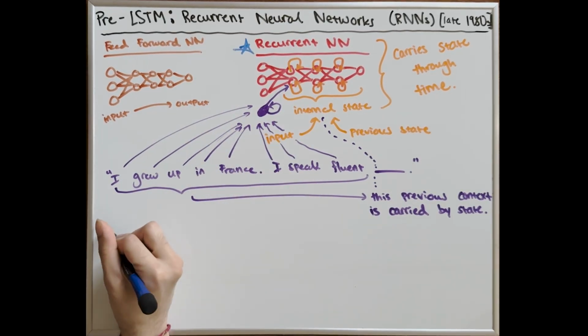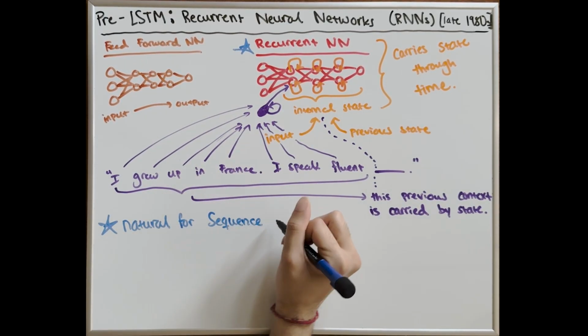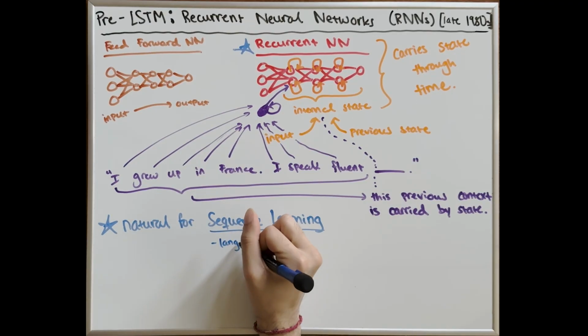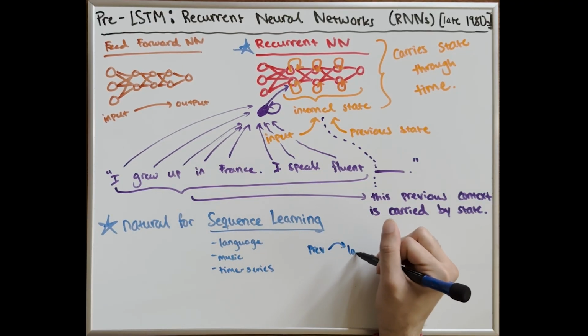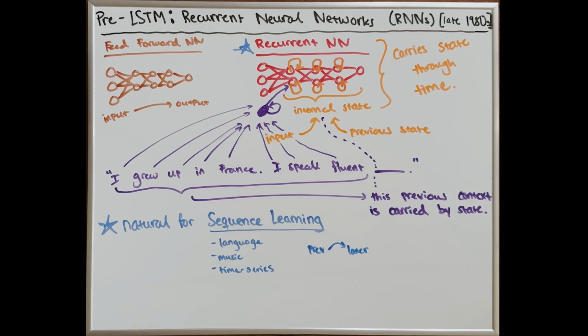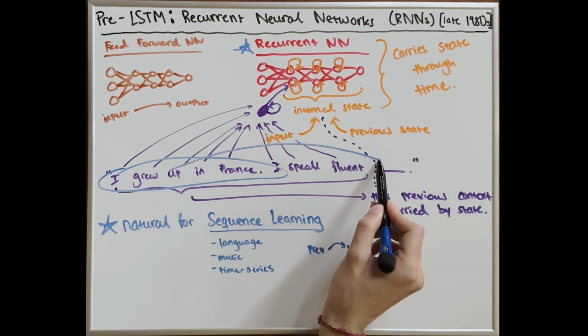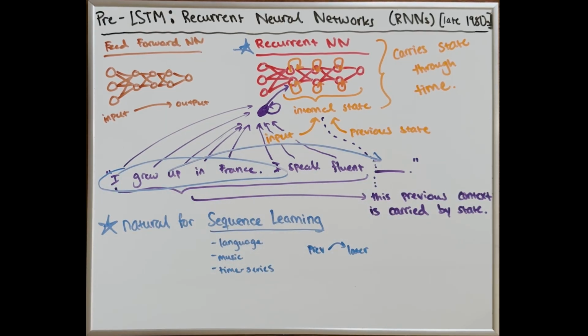And because of this, RNNs became a natural architecture for sequence learning. Language, music, time series, or any setting where previous information might matter later. So, instead of processing a sequence as a bunch of unrelated inputs, RNNs carry previous context forward through time. So, already before LSTMs, the basic idea behind sequence learning was there.